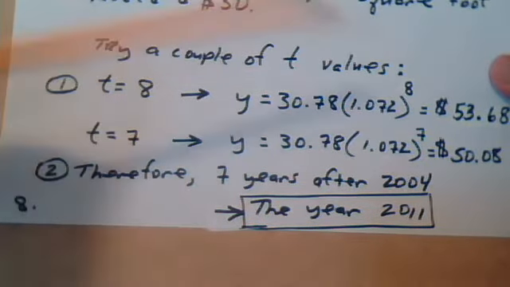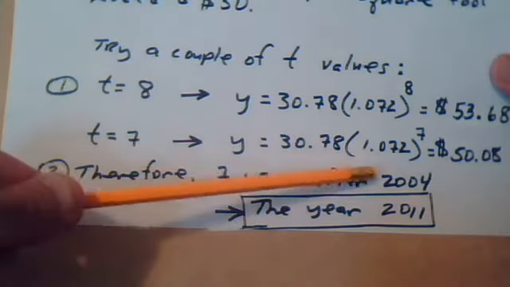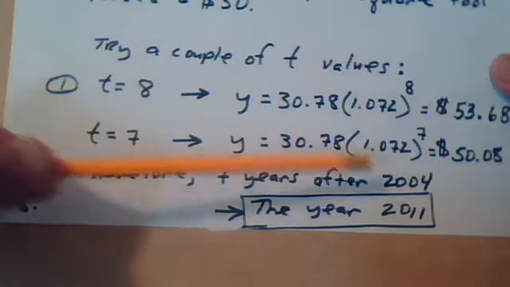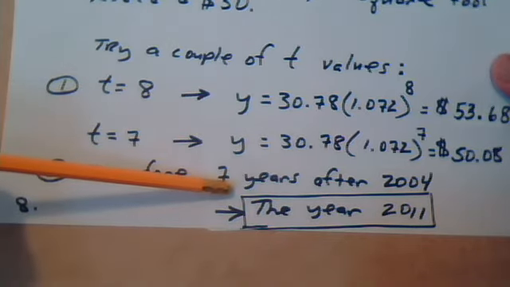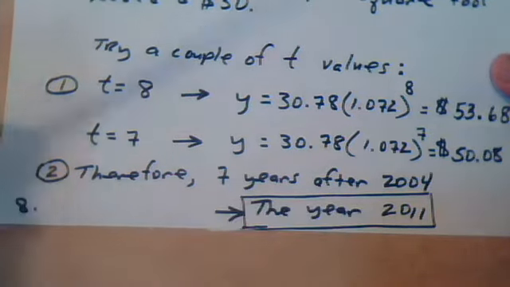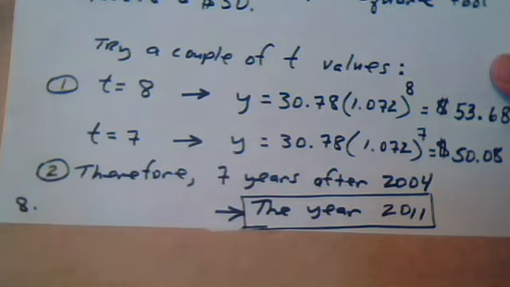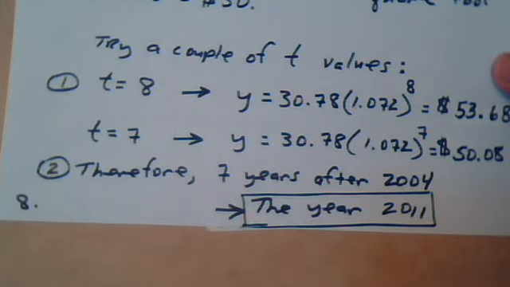And that happens when 7 years have gone by after 2004. So 7 years after 2004, that would make it the year 2011. So in the year 2011, that was the first full year in which the price per square foot exceeded $50.